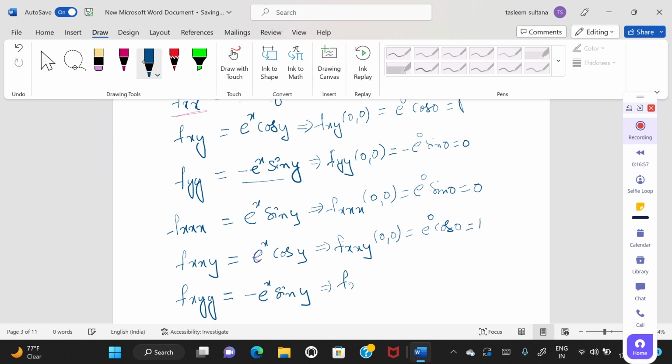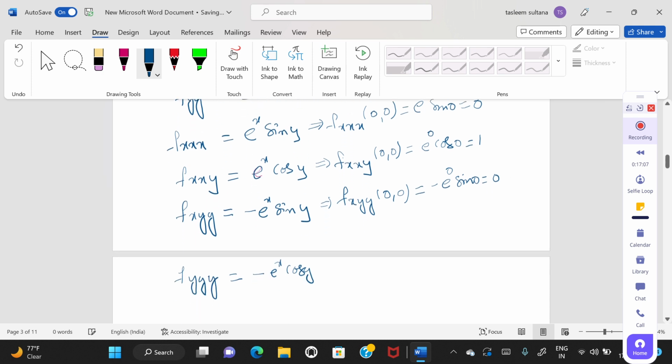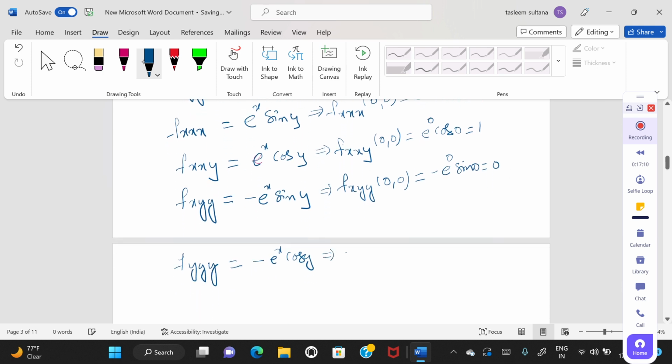Then f of x y comma y of 0 comma 0 is equal to minus e power 0 into sine 0, which is 0. Then f of y y y of 0 comma 0 is equal to minus e power 0 into cos 0, which is 1.